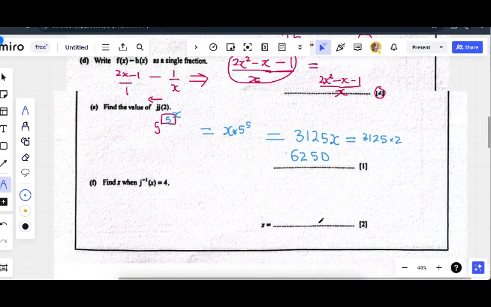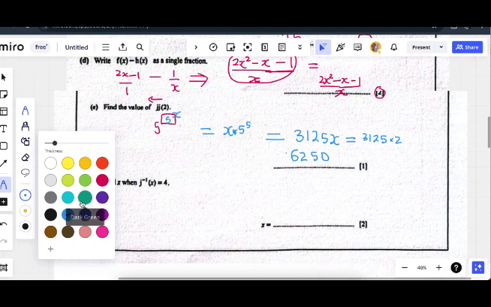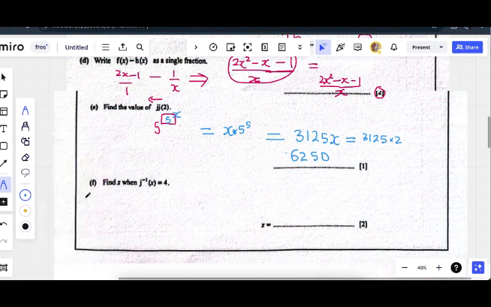Now we move on to the last segment of this question. Let's see what this segment has to offer. Find x when j inverse of x is 4.